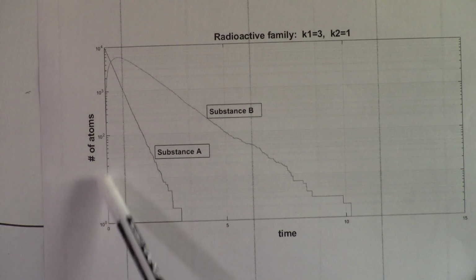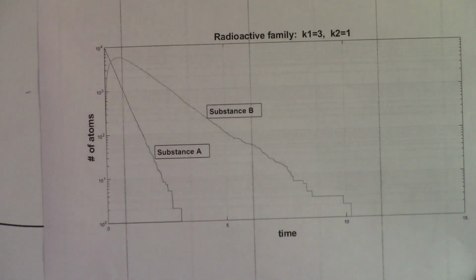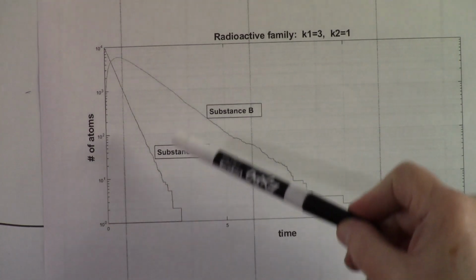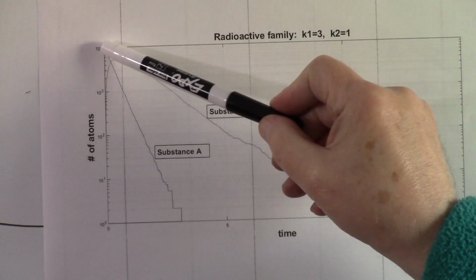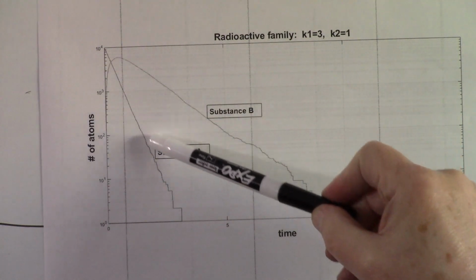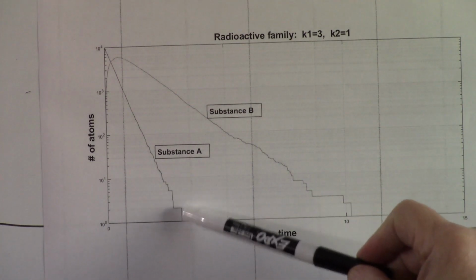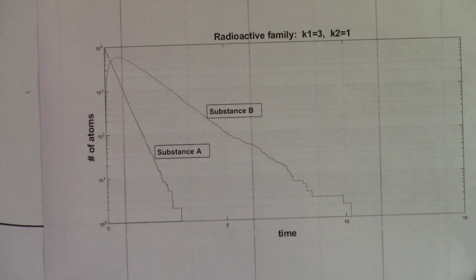So here, in fact, the logarithm of N is plotted. And therefore, for A, we have a straight line, and it only becomes a step function when the number of atoms is close to 1.